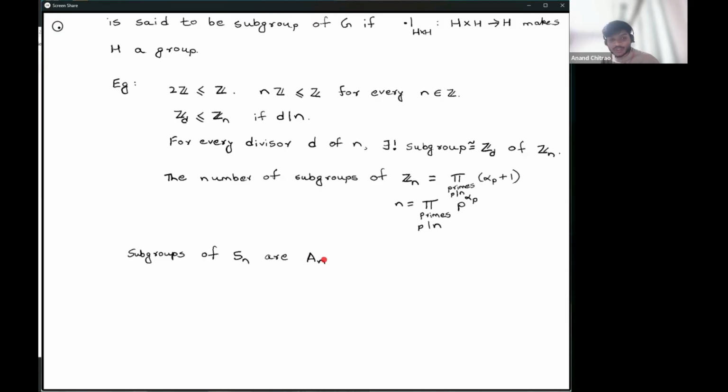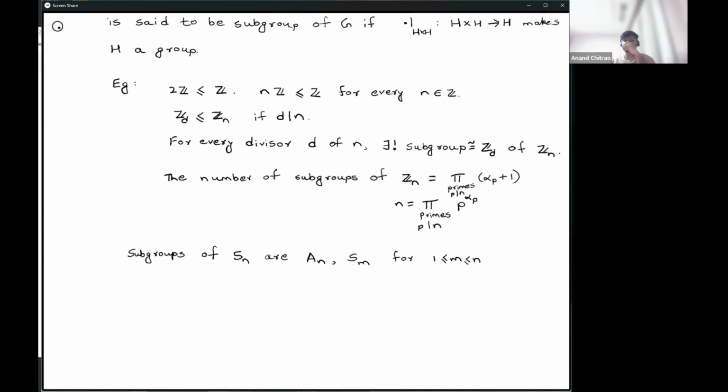Subgroups of Sn, An is one of them. What about others? So Sm for m between 1 and n.